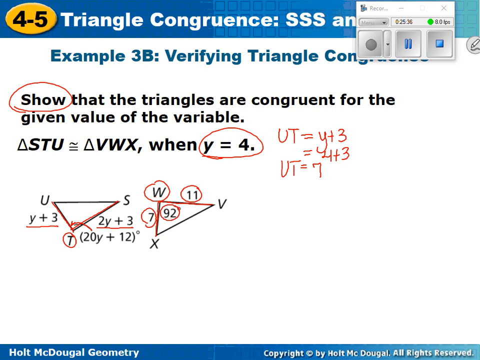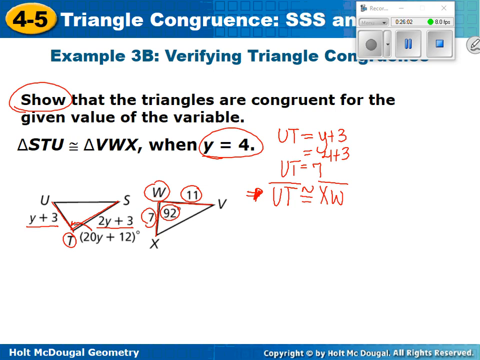If UT is 7, what does that mean about which two sides have to be congruent now? Okay, be careful when you name it. UT is going to be congruent to, should actually be what? XW. Okay, so you're going to show your work, and then this is what it tells us. UT is congruent to XW.